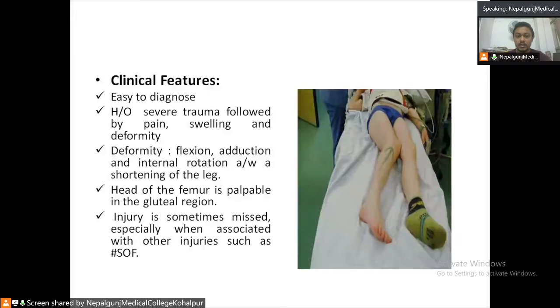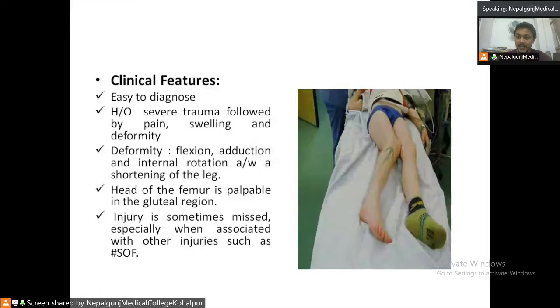After just seeing the limb, in this case there is flexion of the hip, there is adduction as well. There is no abduction, there is adduction, and there is internal rotation. Look, the patella is facing inwards. So this is the internal rotation.